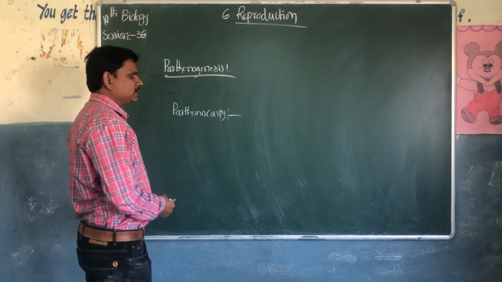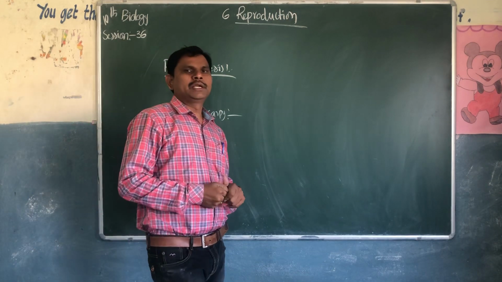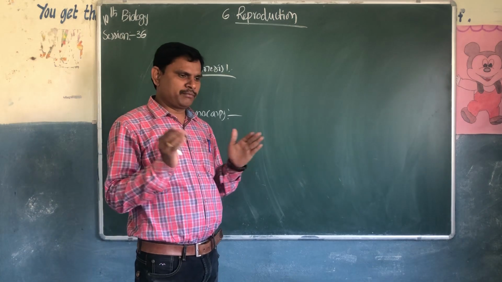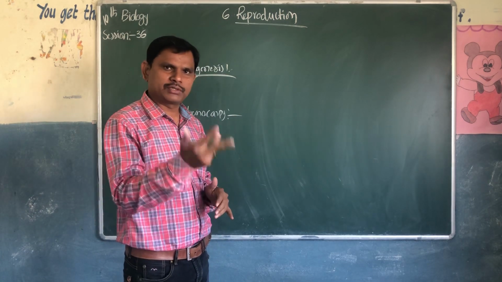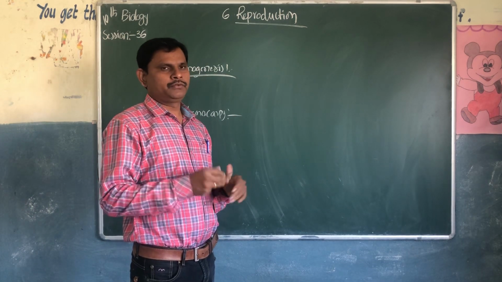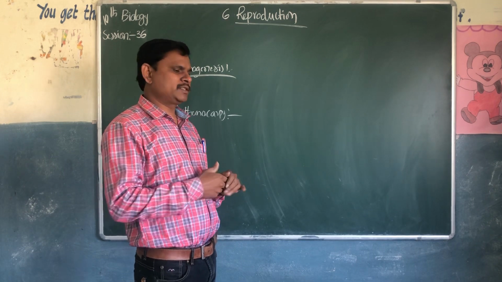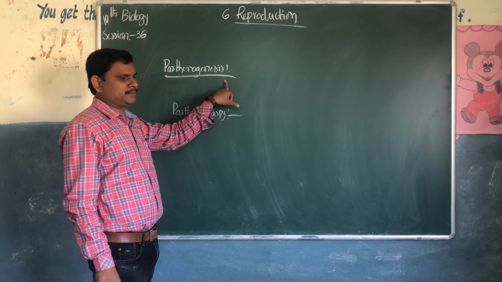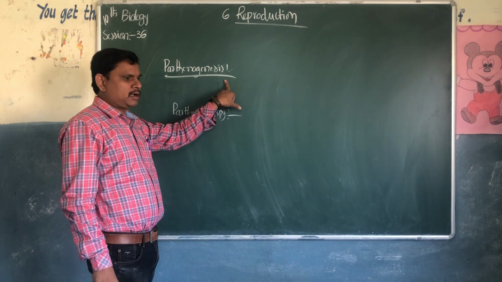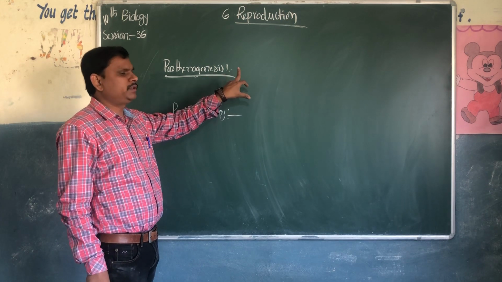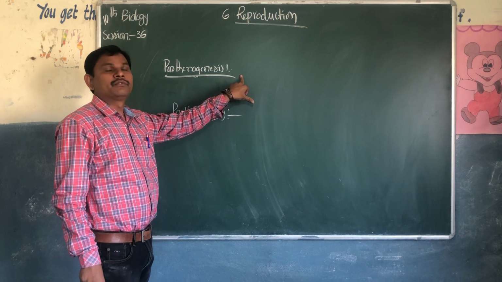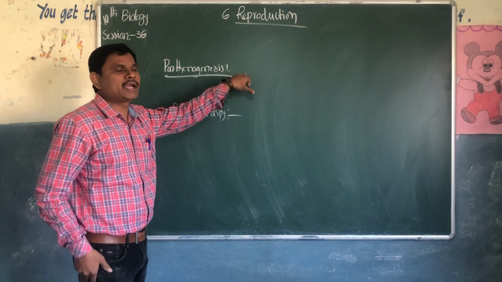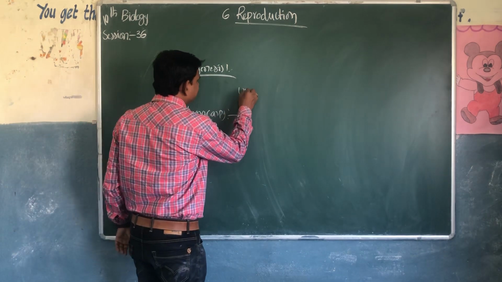What is parthenogenesis? Actually, in sexual reproduction, there is a fusion of male and female gametes, and a zygote is formed. But in parthenogenesis, it is the process of development of young ones from an unfertilized egg or unfertilized gametes.